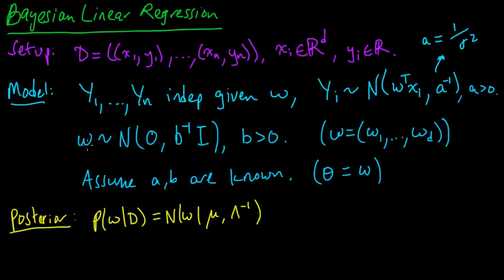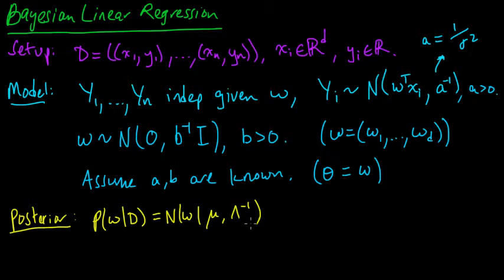And then in the second key step of being Bayesian, we were just applying the rules of probabilities, and we did that first by computing the posterior distribution on w given the data. And we found that it was this nice normal distribution, and we were able to analytically get the form of the posterior distribution, and it had mean mu and covariance matrix lambda inverse, or precision matrix lambda, for some mu and lambda.